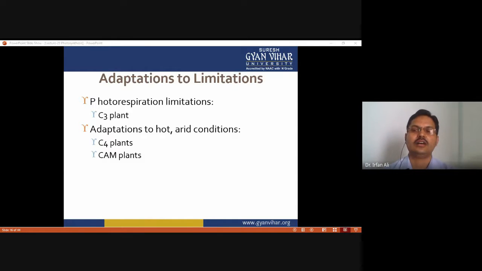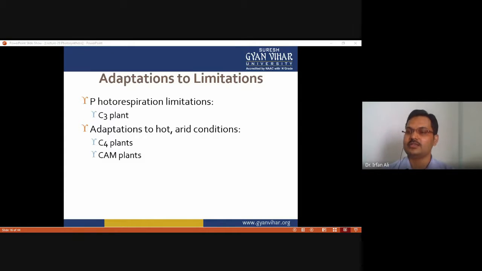The Calvin cycle which we discuss in this lecture is carried out in the plants called C3 plants. Why are these plants called C3 plants? Because in these plants the first molecule produced is 3-phosphoglycerate, which is a three-carbon molecule. That's why the term C3 plants is used. All the plants which proceed with the Calvin cycle are called C3 plants.